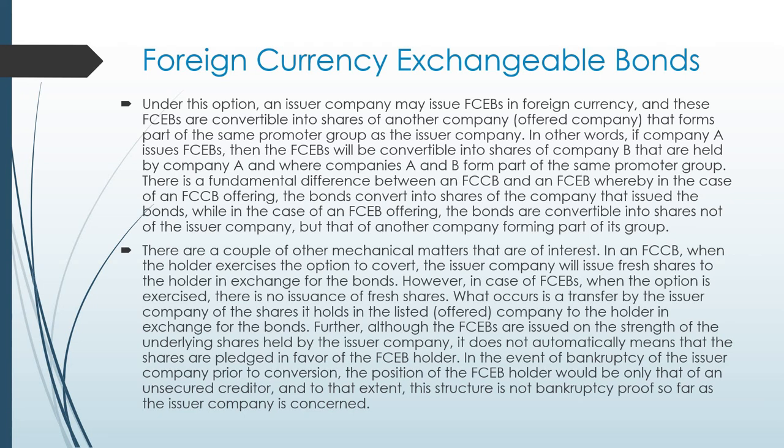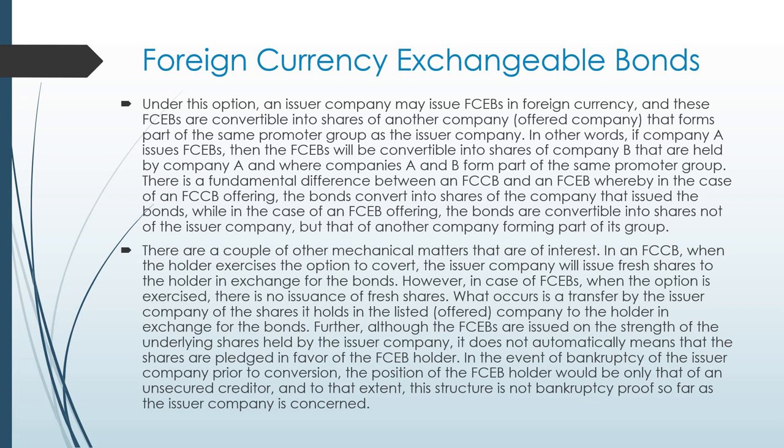Further, although the FCEBs are issued on the strength of the underlying shares held by the issuer company, it does not automatically mean that the shares are pledged in favor of the FCEB holder. In the event of bankruptcy of the issuer company prior to conversion, the position of the FCEB holder would be only that of an unsecured creditor, and to that extent, this structure is not bankruptcy proof so far as the issuer company is concerned.